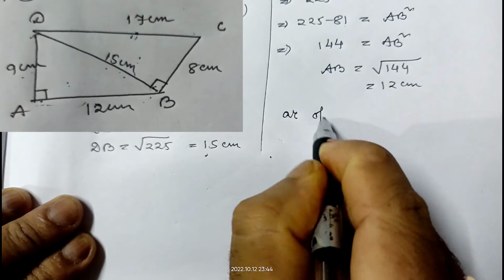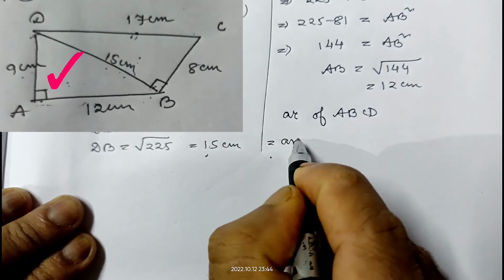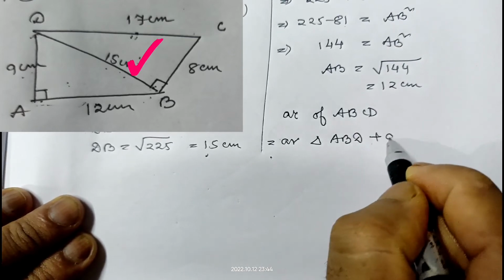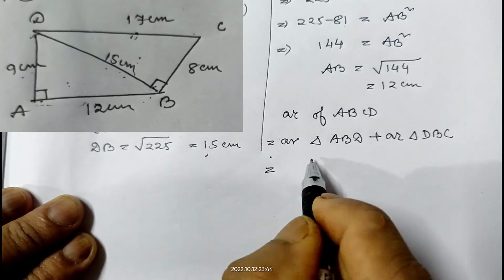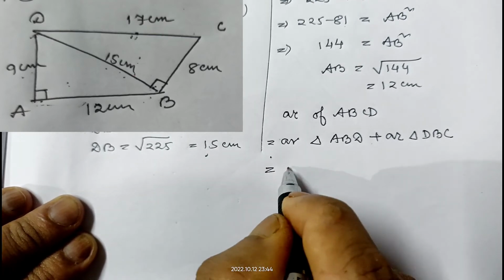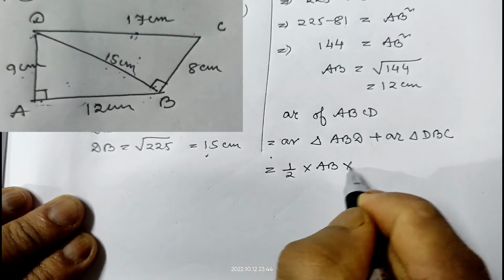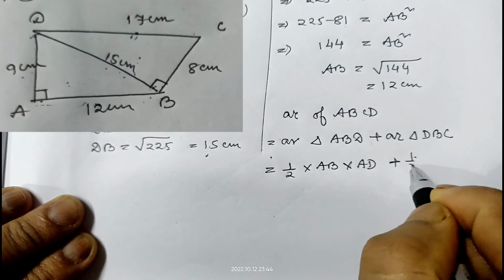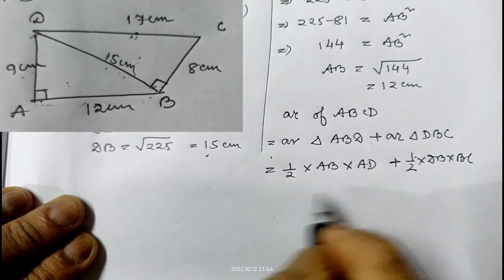Area of ABCD will be area of triangle ABD plus area of triangle DBC. Now we know the area of a triangle is half into base into height. So we can write half into AB into AD plus, in case of DBC, half into DB into BC.